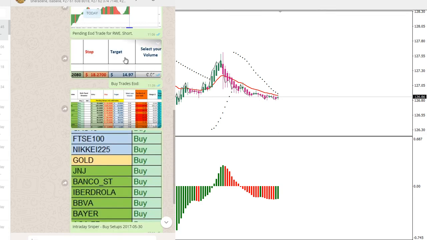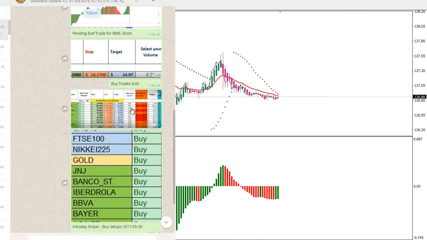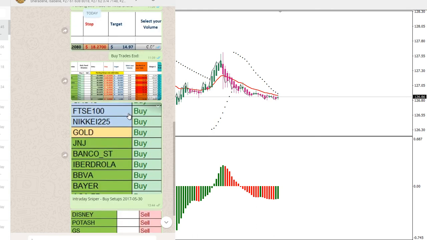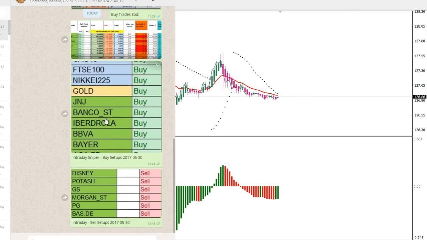All of the indications and trade setups will basically be calculated for you with intraday or end of day suggested entries. There is also a very good risk management spreadsheet that you can use to calculate exactly how much you can lose on the trade if the trade goes wrong. And then much later in the afternoon, before the market starts to go haywire, we're looking at our potential buys.